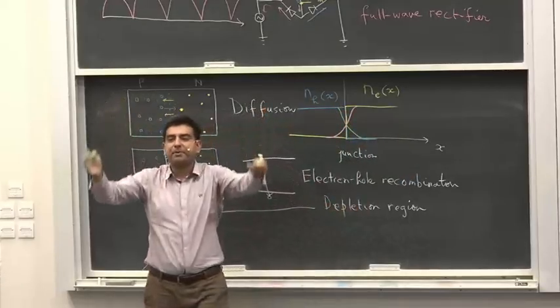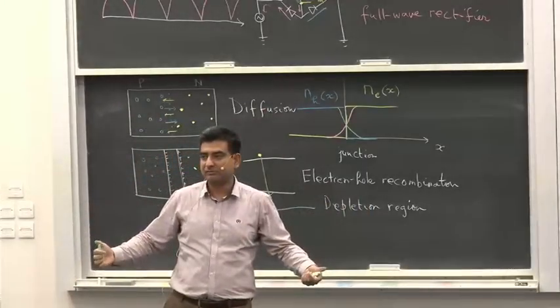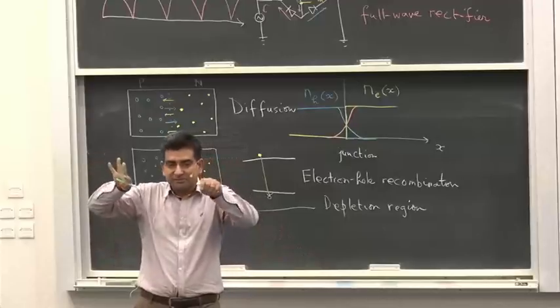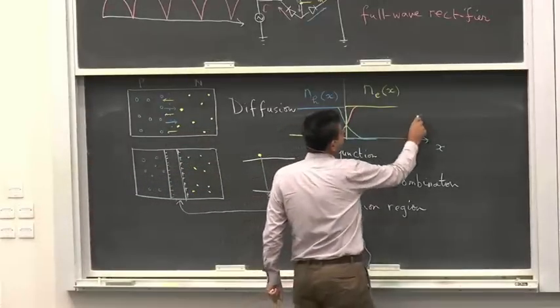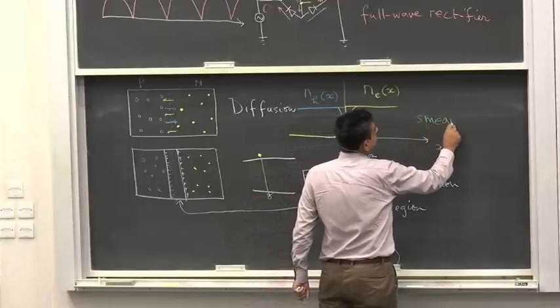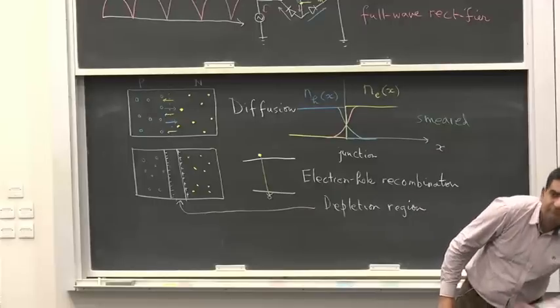The sharp, abrupt changes in the concentration of charge carriers is smeared out. It becomes slightly smeared out, as we say. So the corners are smoothed out a little bit.